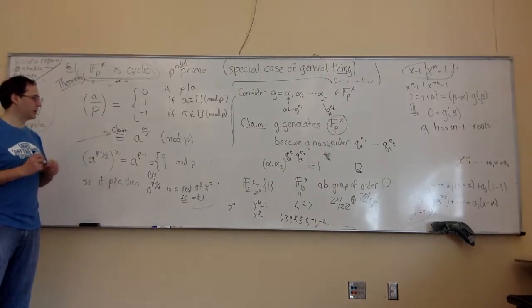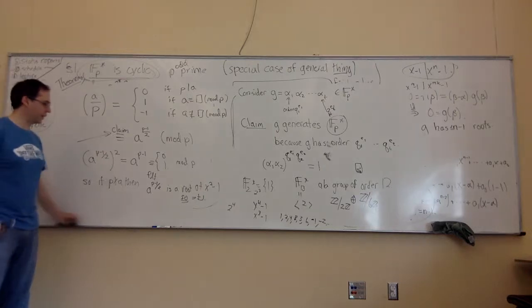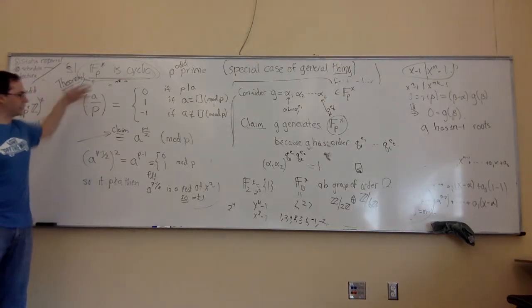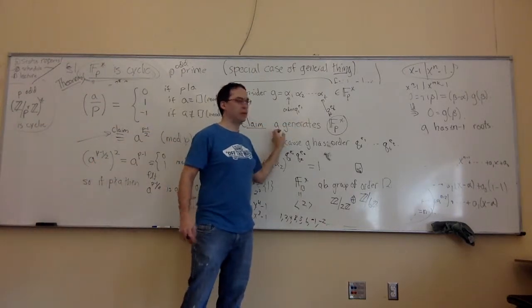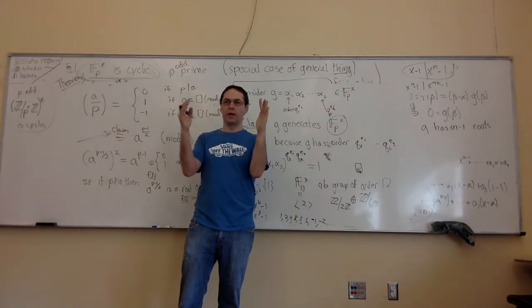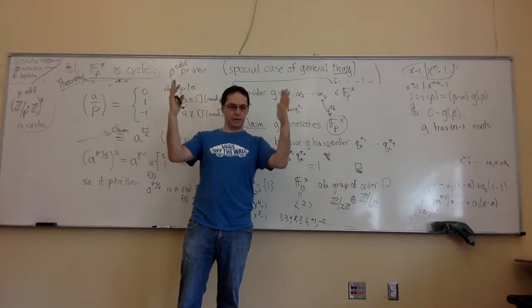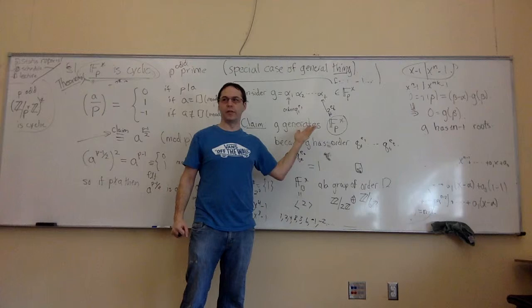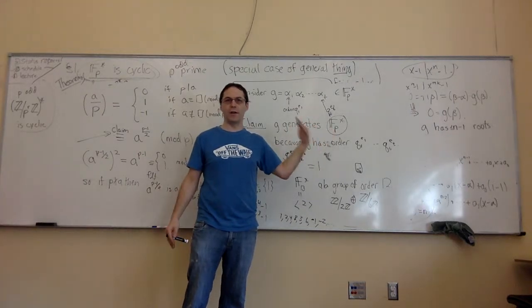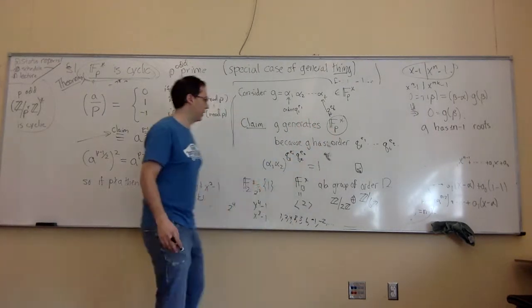Okay, so I ran out of time, and we'll conclude on Friday. But in case you're curious, all you do is you write down the powers of a generator g, and you square them all, and then you'll notice that it's exactly the even powers of g that are the squares, which is not surprising, and the odd powers of g are the non-squares.